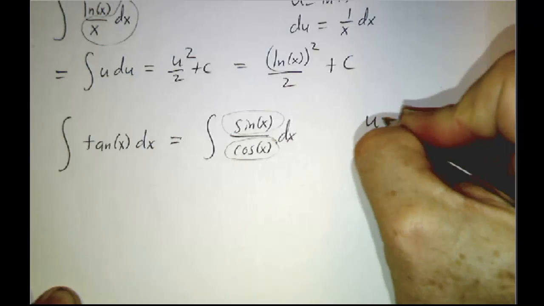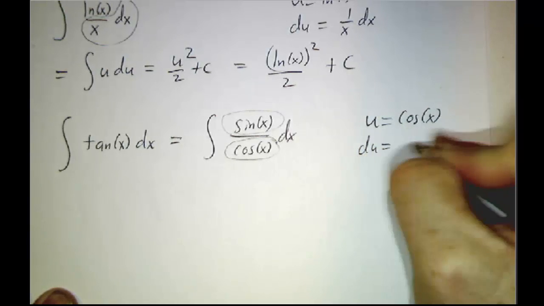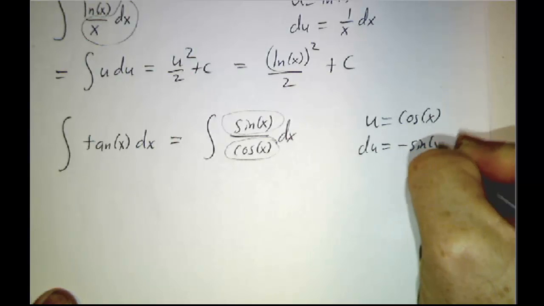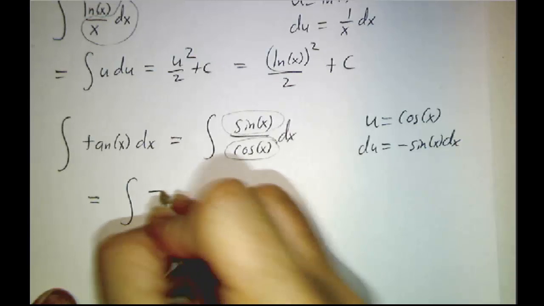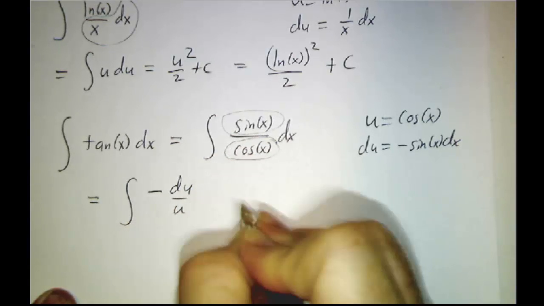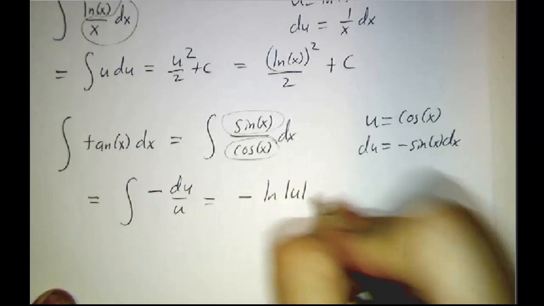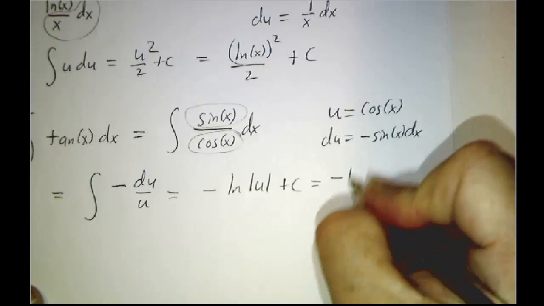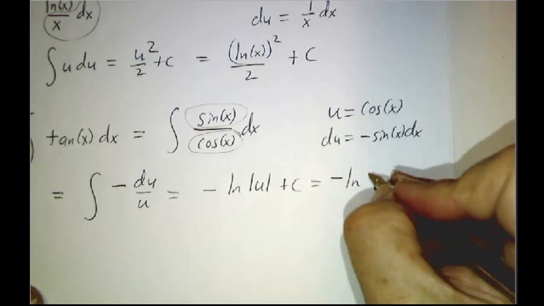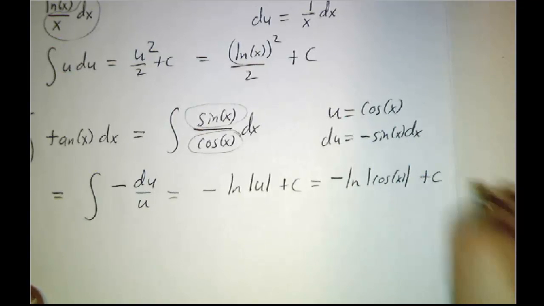So if you let u be cosine of x, du is minus sine of x dx. This becomes the integral of minus du over u. So that's minus the natural log of the absolute value of u plus a constant. So that's minus the natural log of the absolute value of the cosine of x plus a constant.